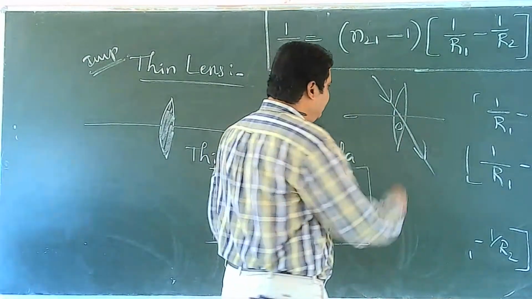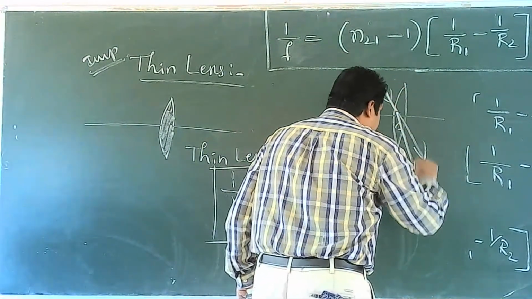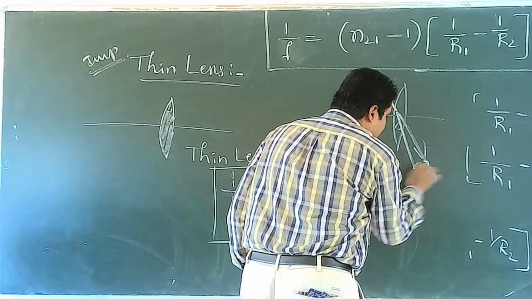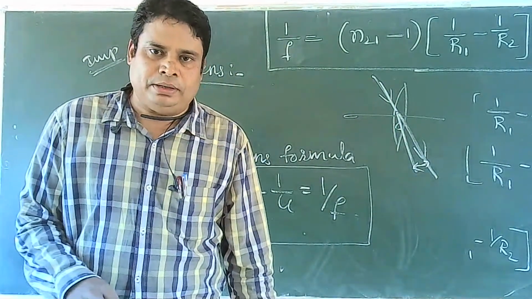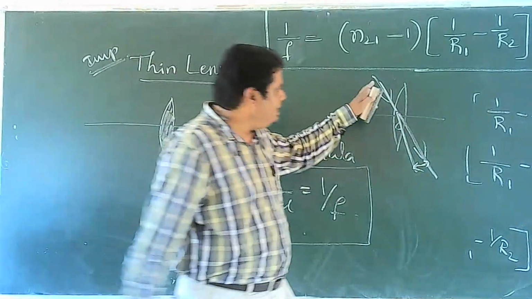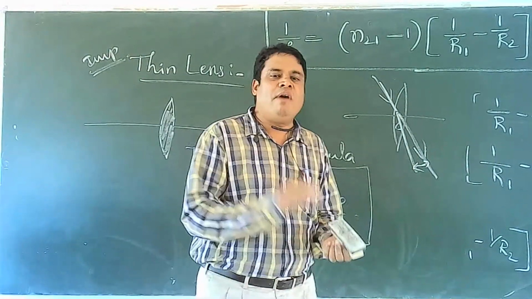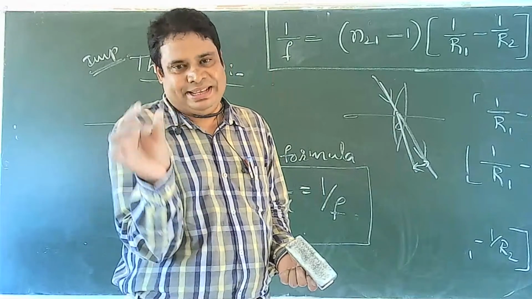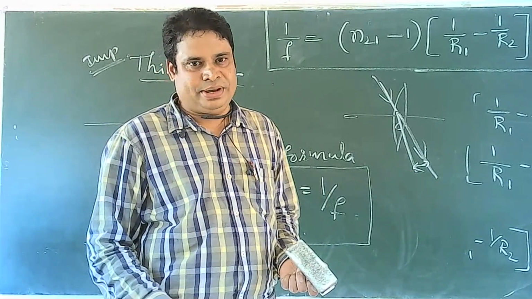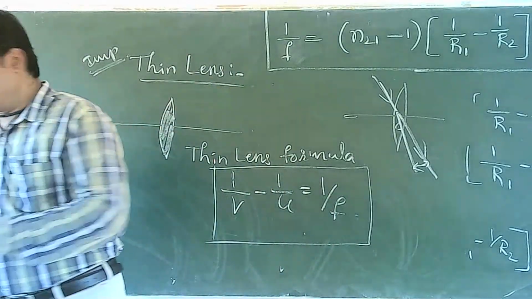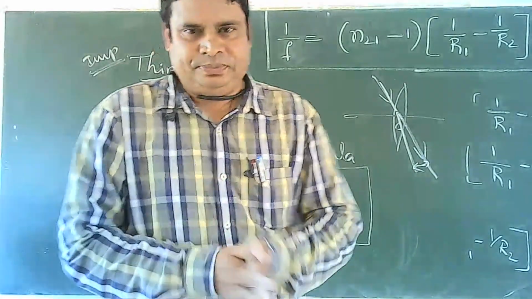If the lens is thick, there is some parallel, perpendicular displacement, what we call lateral displacement, between incident ray and emergent ray. To avoid that confusion, we use only thin lenses.